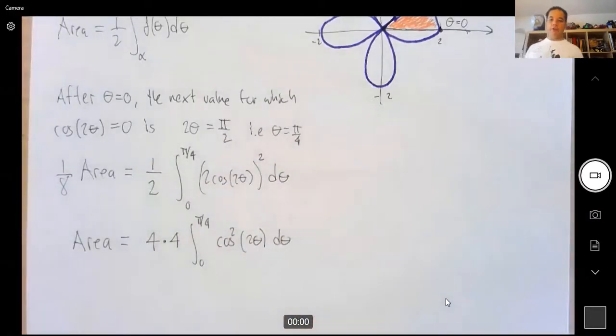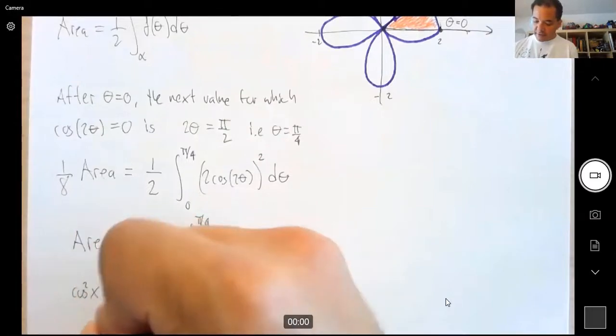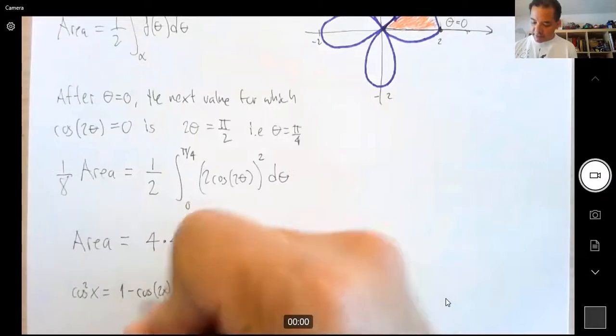Now, do you remember how we do this trigonometric integral? What is the technique here? If we have cosine squared, 1 minus sine squared still gives the problem of doing sine squared, right? So not quite that. Instead, we want to use the half angle formulas. Remember those? When we have cosine squared of x, that's 1 plus cosine 2x divided by 2, and sine squared x is 1 minus cosine 2x divided by 2.